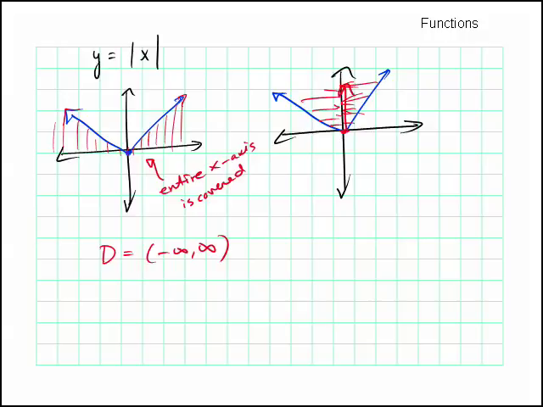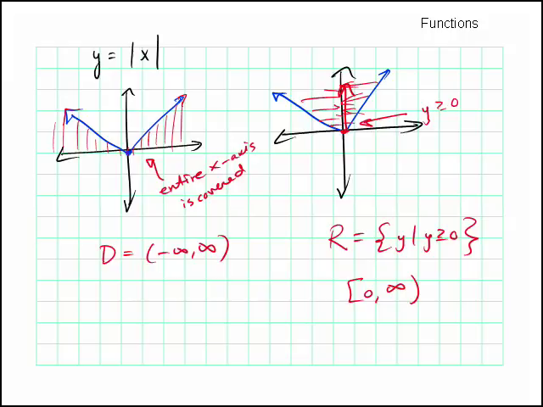And that is why the range for this equation is not all real numbers. The range is y's are always 0 or larger. Y's are greater than or equal to 0 here. In interval notation, that would be bracket 0 to infinity, like that.